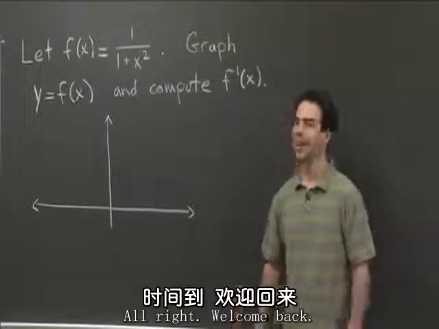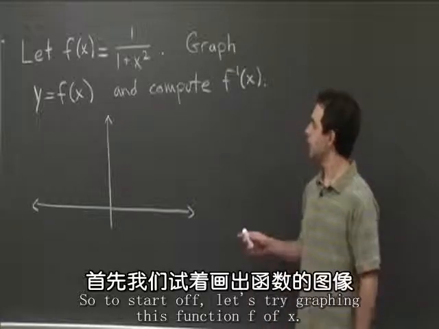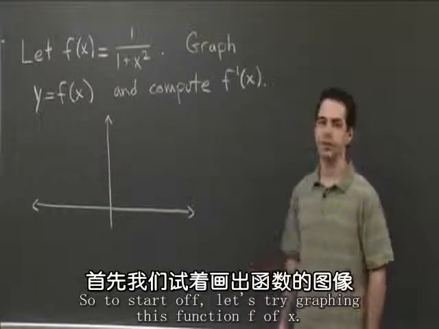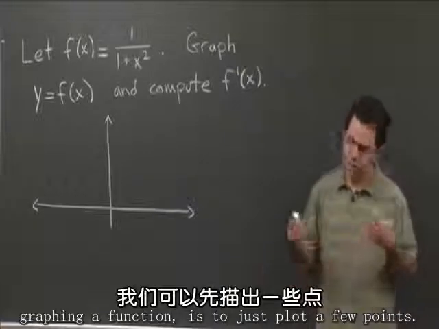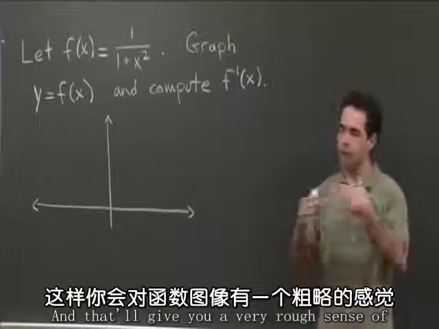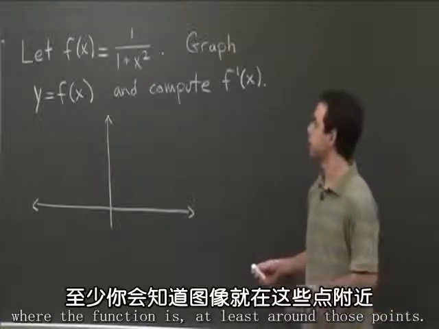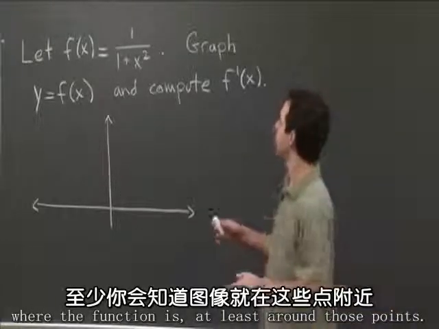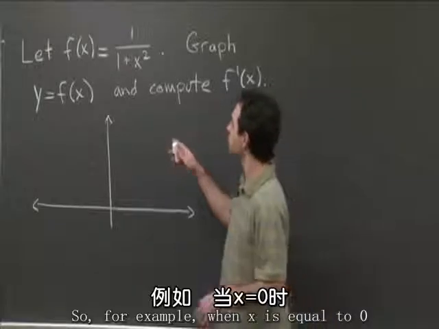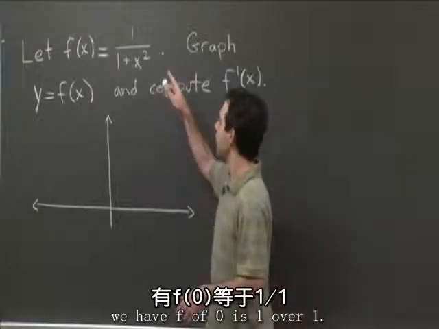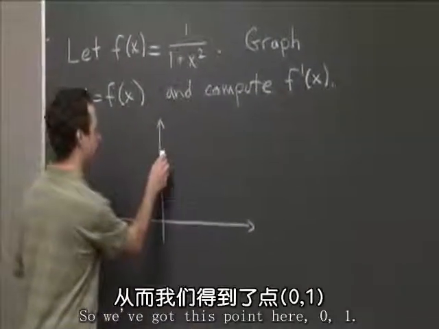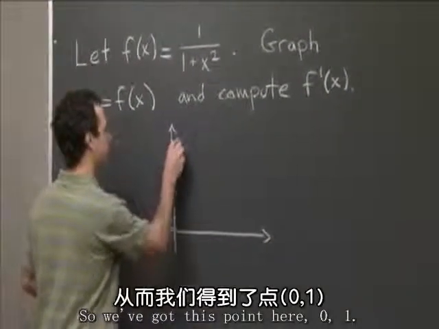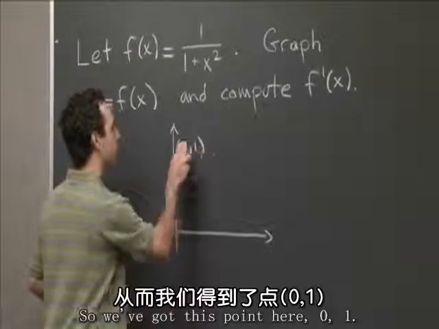All right, welcome back. So to start off, let's try graphing this function f of x. One thing you can always do when you start out graphing a function is to just plot a few points. That'll give you a very rough sense of where the function is, at least around those points. So for example, when x is equal to 0, we have f of 0 is 1 over 1. So that's just 1. So we've got this point here, 0, 1.